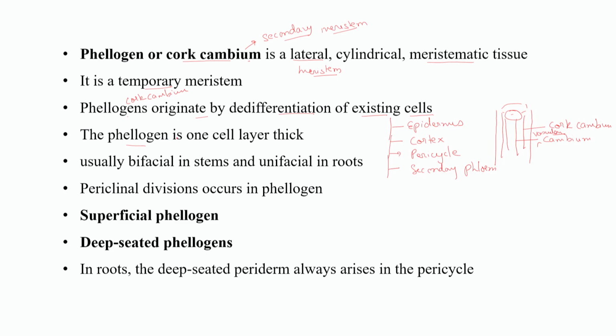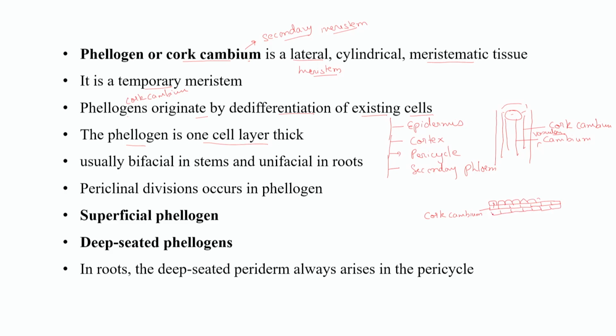Now the phellogen is basically one cell layer thick. See, as in the case of vascular cambium, this phellogen is also one cell layer thick. It's not multicellular. And as the vascular cambium was giving rise to phloem on the outer side and secondary xylem on the inner side, here also it will give rise to cork on the outer side and secondary cortex on the inner side.